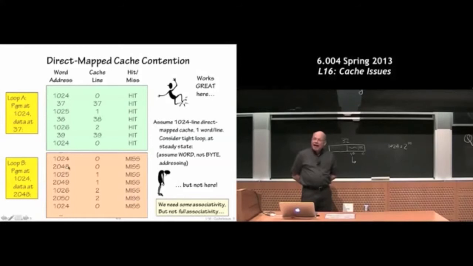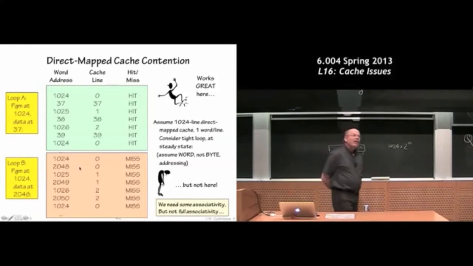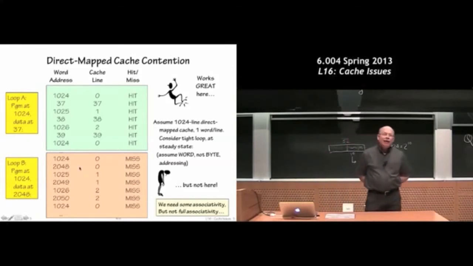It gets mapped to cache line 0, right? We're taking the word address mod 1024 because we have a 1024 location cache. So now we discover that some of the data and some of the instructions are colliding in the cache. In our direct mapped cache, we have 2 locations being mapped to the same cache line, and only one of them can live there.